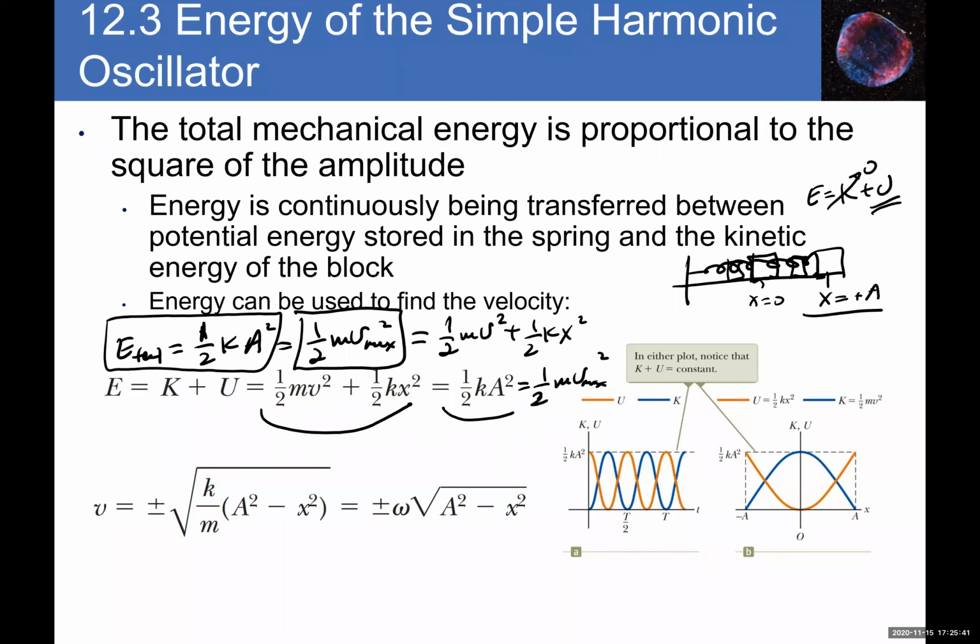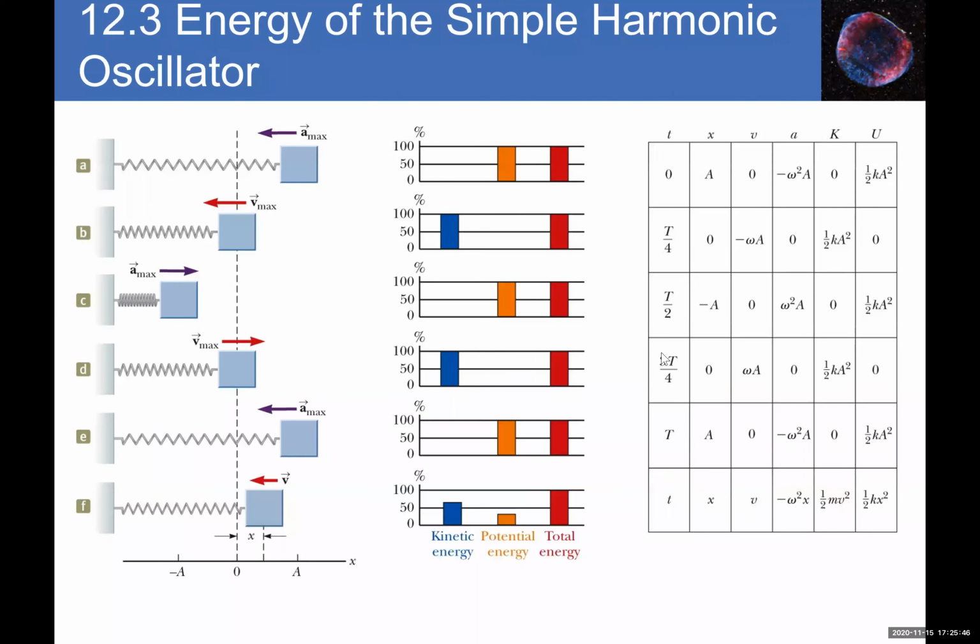All right, so then what we can do from here is go to a diagram like this, or you can just see the charts. Think of it like this, starting from x equals plus a. You have maximum negative acceleration, but at that position your energy, which is the total energy, is purely potential. The orange is potential energy.